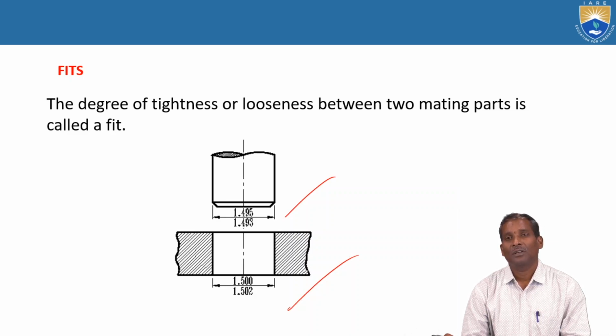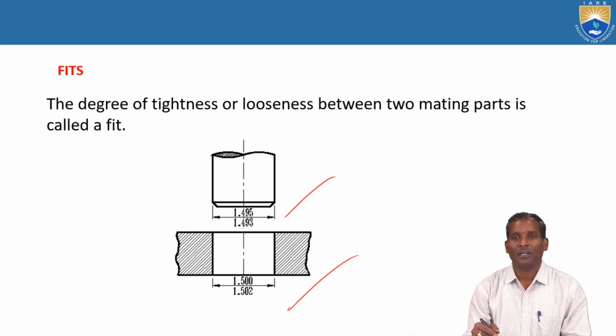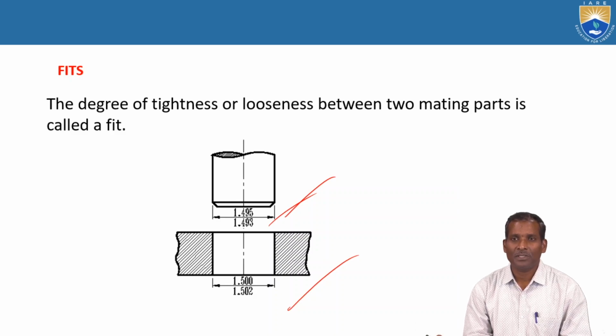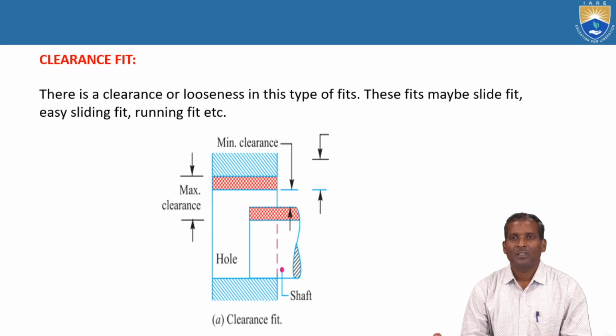You have to find it according to the upper limit and lower limit values of shaft and hole, and also which type of system is used. Is this a hole based system? Is this a shaft based system? You have to identify. Then only you can say this is a clearance fit, a transition fit, or an interference fit. So now we will see clearance fit.